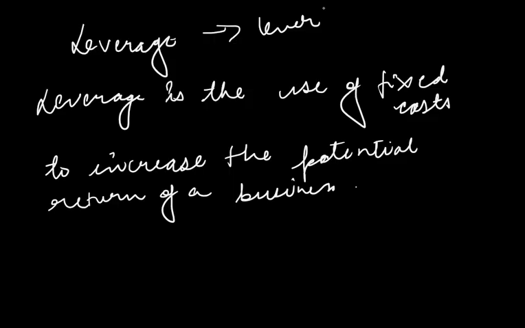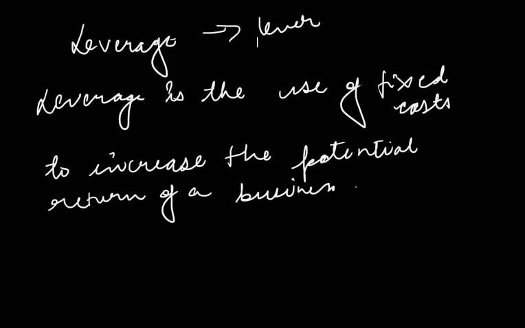The same idea applies in the business itself. The companies use fixed cost as a tool to increase their profits. That is why we say that leverage is the use of fixed cost to increase the potential return of a business. So the important words here are fixed cost. Without fixed cost there is no leverage.